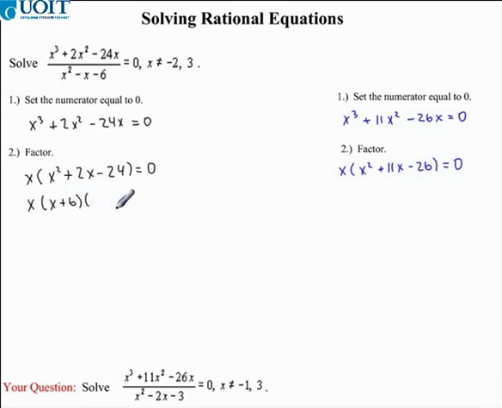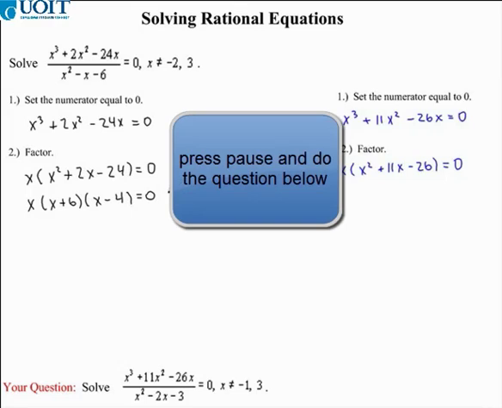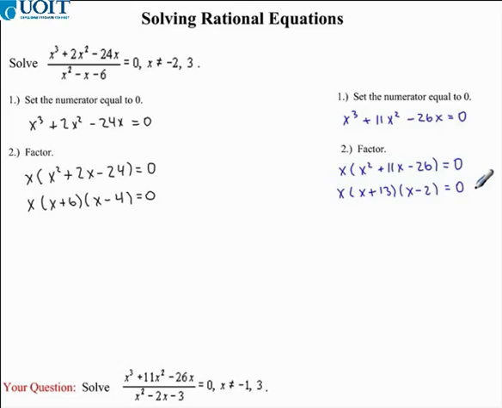In our second bracket, we're going to have x, and beside it we will write our second number, which was negative 4, or minus 4. And I'm just going to write equals 0. Now try doing this step with the question you are given. Here's how your fully factored expression should look like.